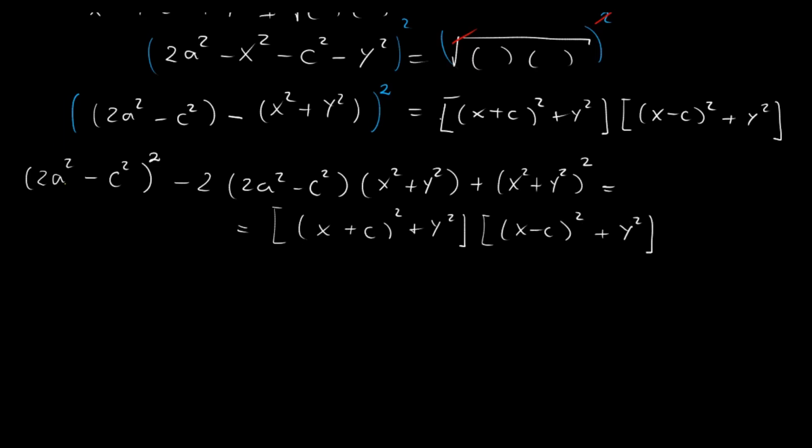Now we're going to work on this expression. This expression can be written as (2a squared) squared, which is 4a to the power 4, minus 2 times 2a squared c squared plus c to the power 4. And we leave the two other terms as they are.